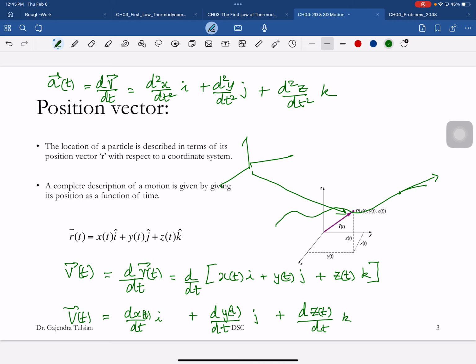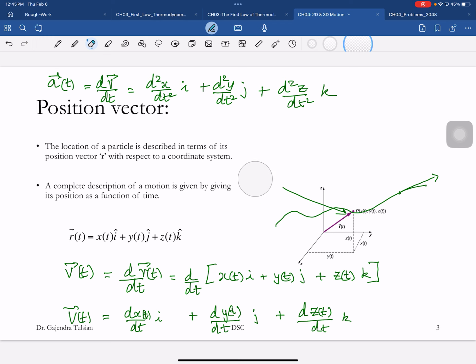All right, so for instance, all your addresses at home are given with respect to a coordinate system. In Daytona Beach, we refer the coordinate system from maybe US1 and I-95.